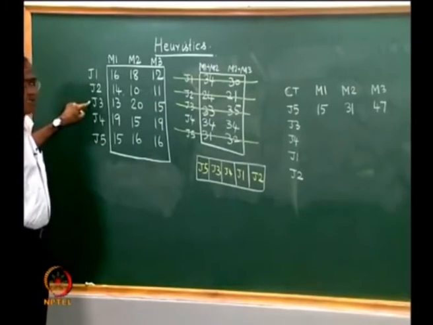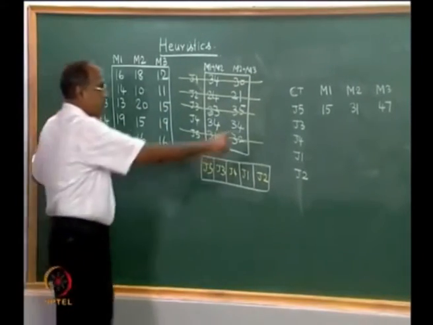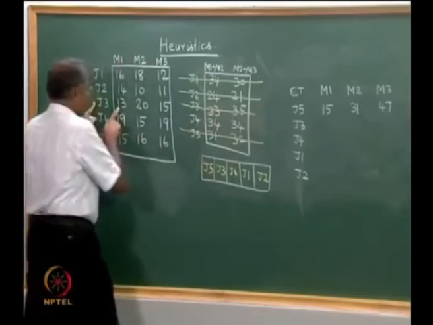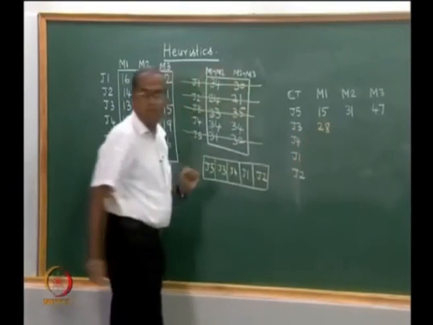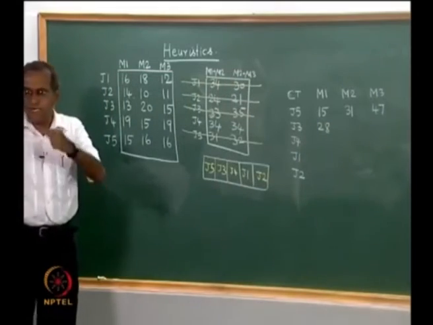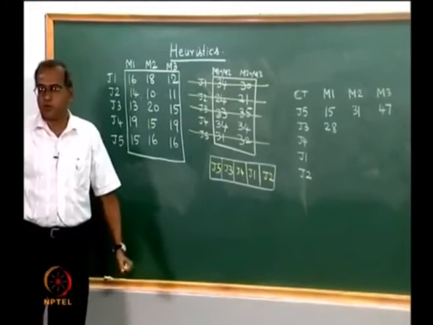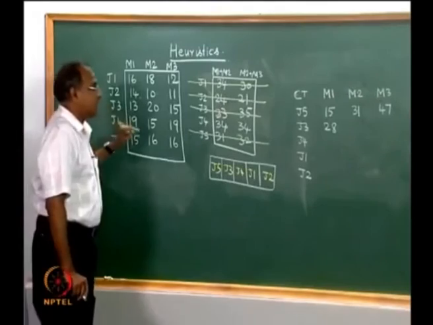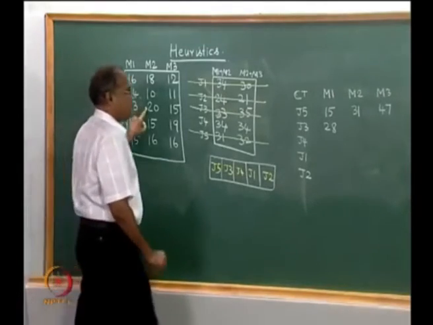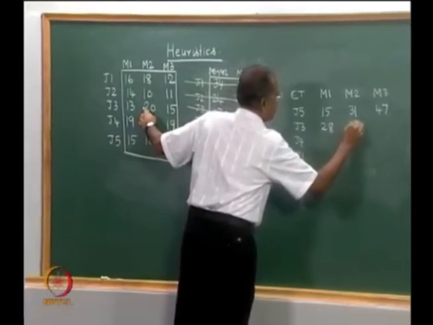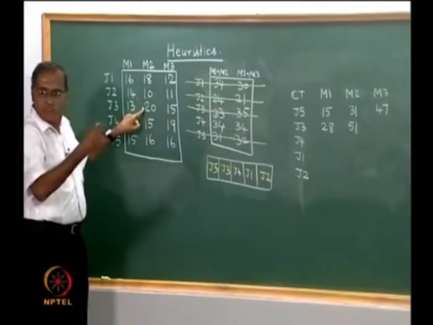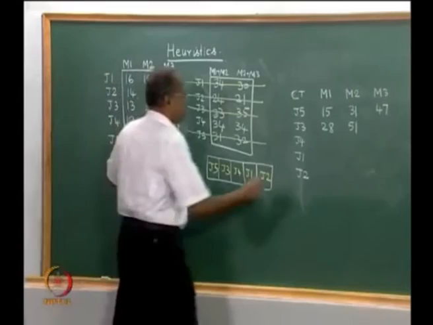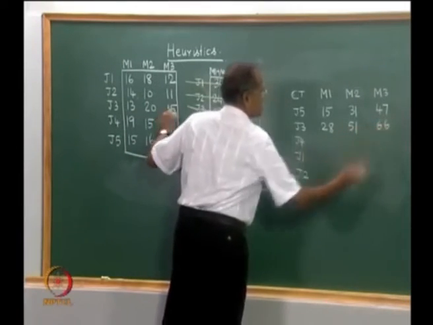So, J3 starts at 15 on M1, takes another 13, so comes out at 28, has to wait till 31 for M2 to be free, takes M2 at 31, finishes at 51, 31 plus 20, by which time M3 is free. So, 51 plus 15 is 66.